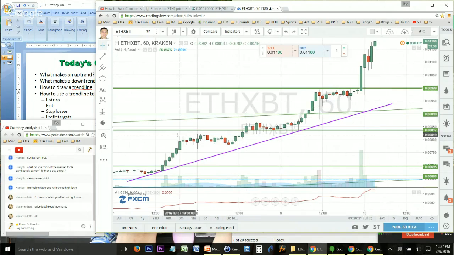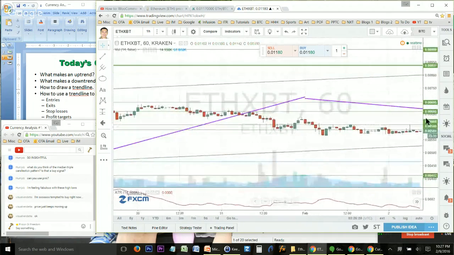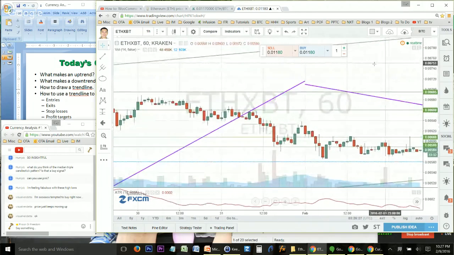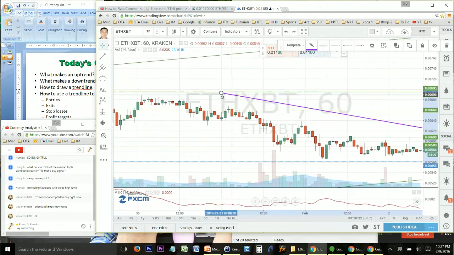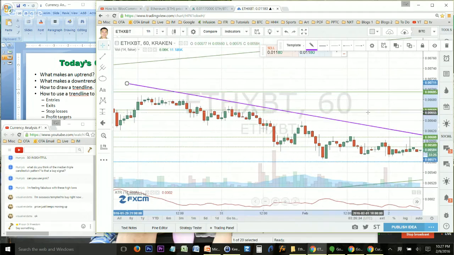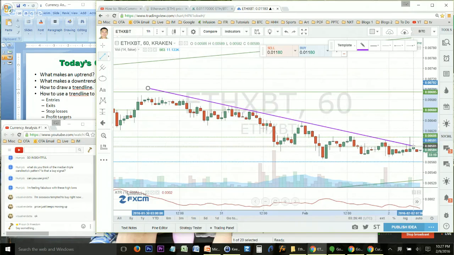The way that you draw a downtrend is the exact same way. Okay, so if this was a downtrend, let me delete some of these. Oh, this one, you would draw it from the high like this to where it touches the majority. If you do the majority rules, it would be something like that.